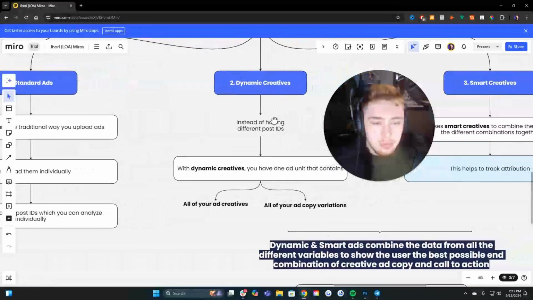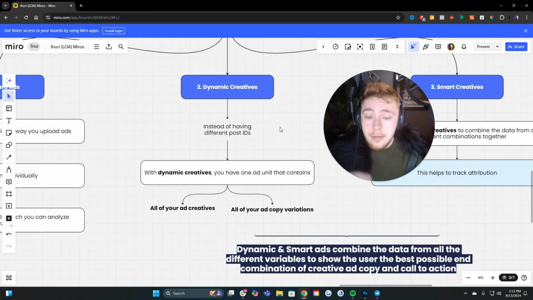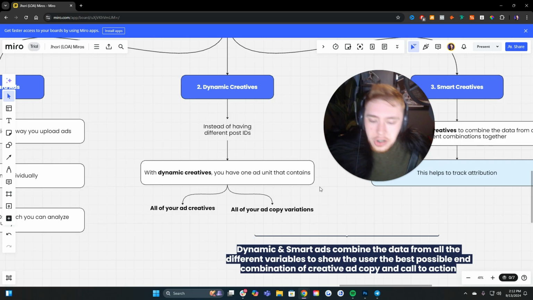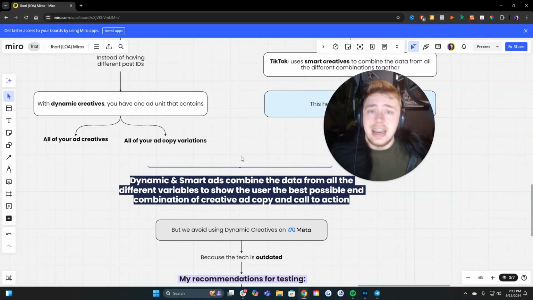Dynamic creative is a little bit different. Instead of having individual post IDs, you have one ad unit that contains all your ad creative and all of your ad copy variations. And then dynamic creative combines the best variations of creative and copy and call to actions and shows those to users.